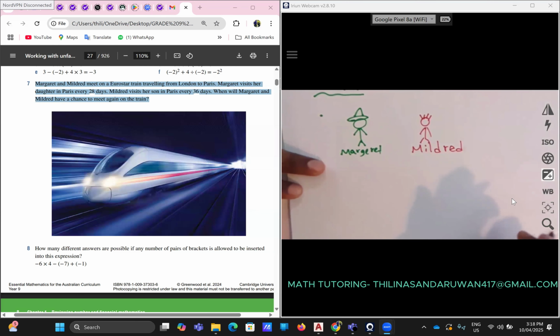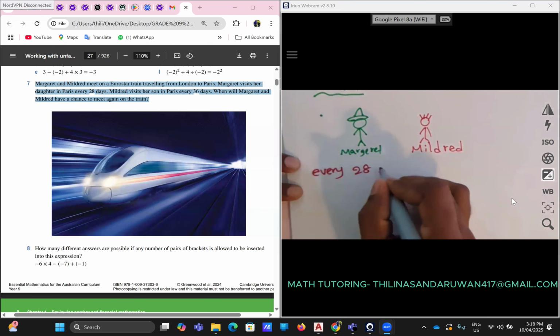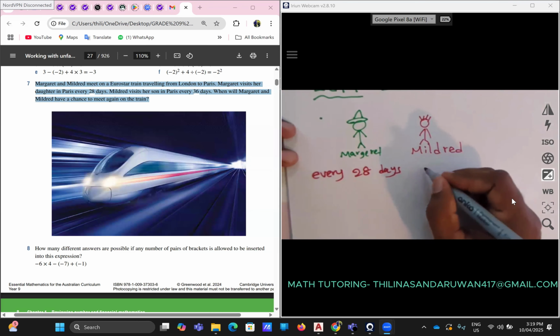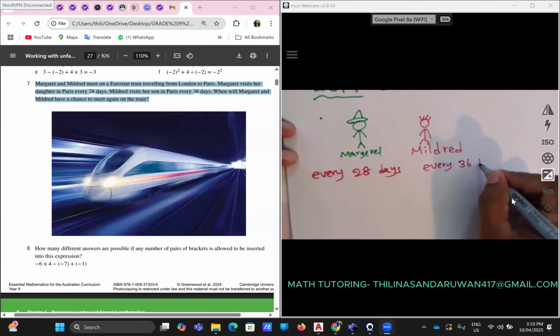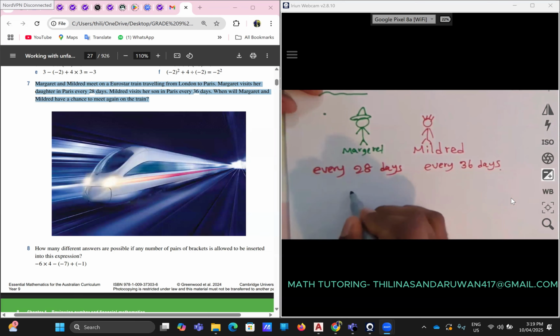They say Margaret visits her daughter in Paris every 28 days, and Mildred every 36 days. So they are in day 0. Let's say day 1. If today is January 1st, then Margaret goes again to visit her daughter in Paris on January 28.